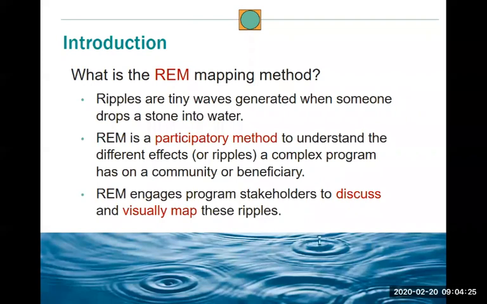So retrospectively means that you're looking back at what has already happened. REM is not only a powerful tool for documenting both the intended and the unintended results of a program or a collaborative, but it's also been used as a way to engage and to re-energize community members around a shared goal or a program.